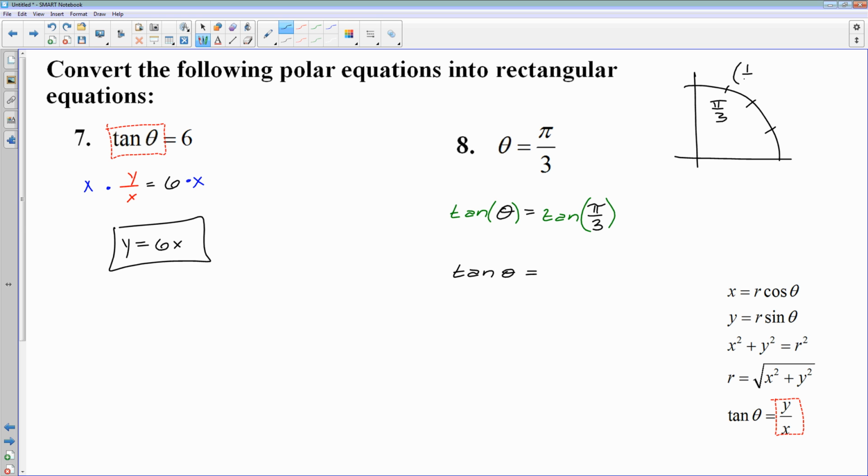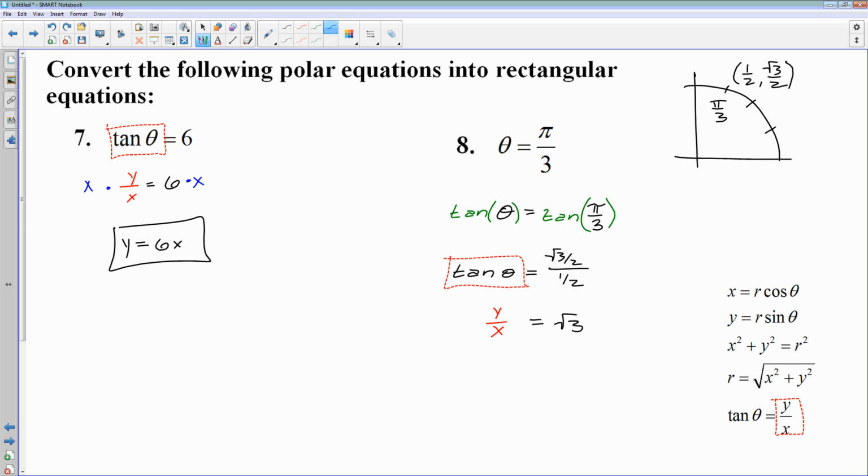The coordinates of pi over 3 are 1/2 and root 3 over 2. If you remember your tangent, it's sine divided by cosine. If I do root 3 over 2 divided by 1/2, you would flip and multiply, and that turns into simply the square root of 3. And I know that tangent theta is equal to y over x, so it's kind of the same thing we did on that last problem.